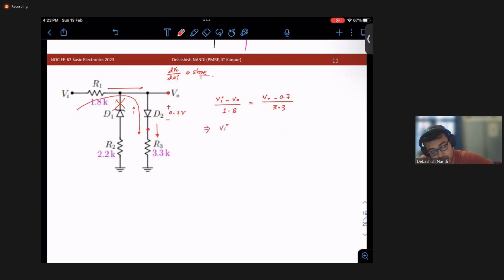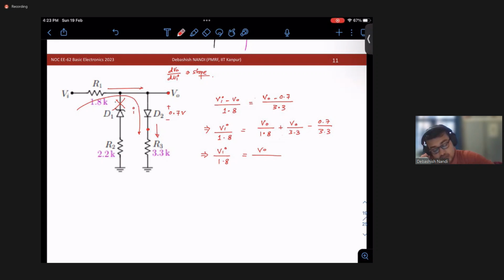So Vi over 1.8 would be V naught by 1.8 plus V naught by 3.3 minus 0.7 by 3.3. So your Vi by 1.8 would be V naught over, this would be 1 divided by 1.8 plus 1 divided by 3.3.